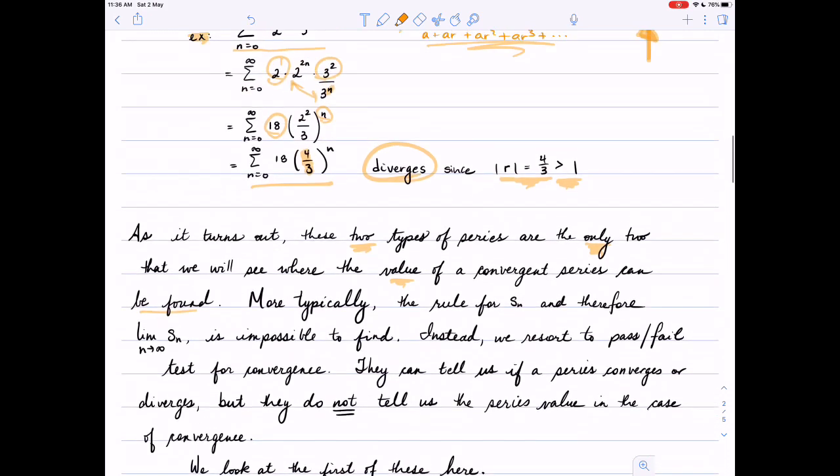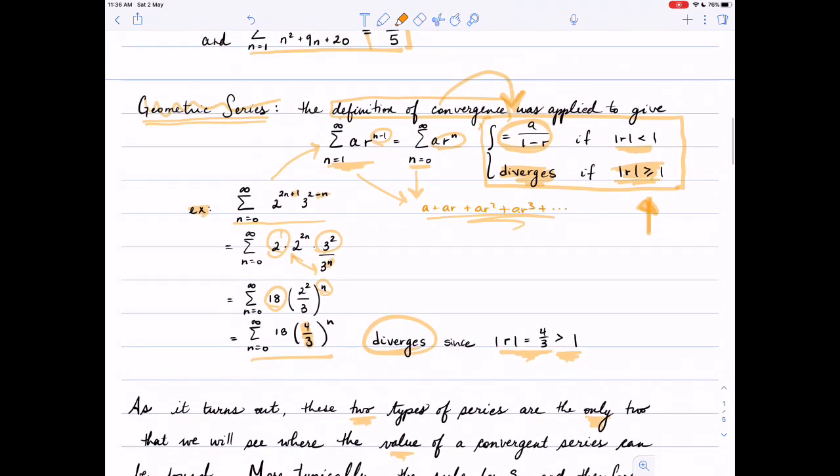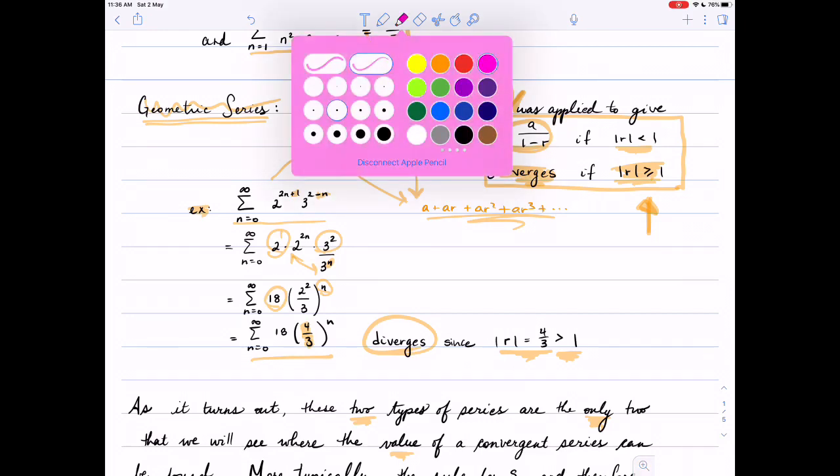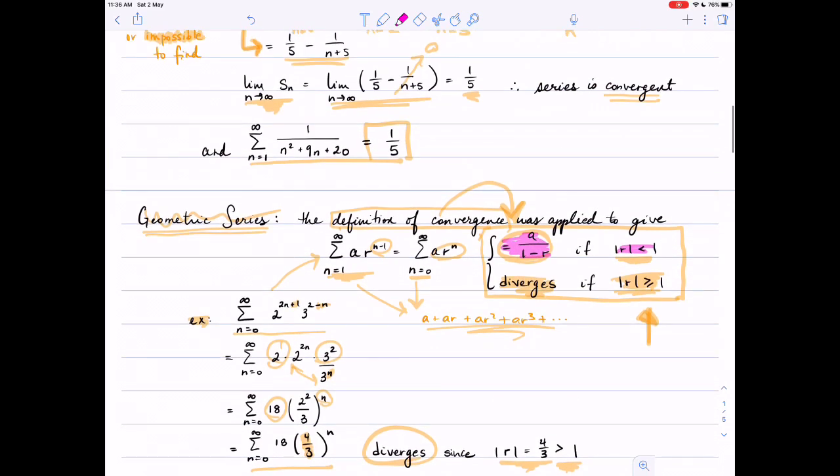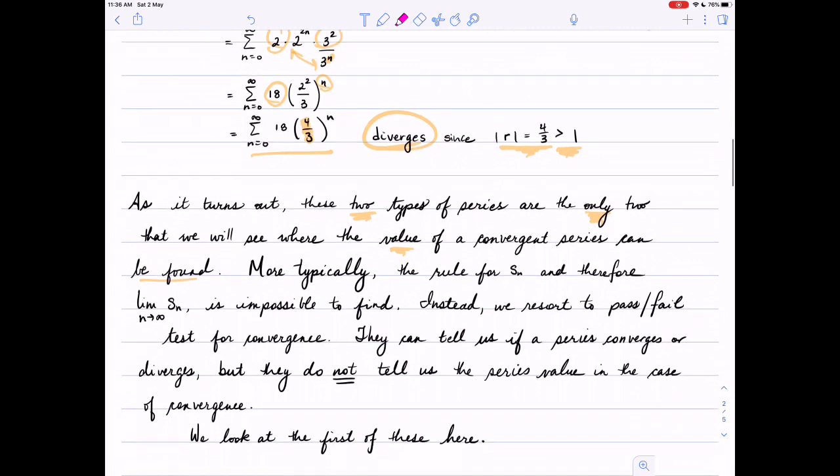In both of these cases, we had possibilities here to actually give the value. Right? This series was equal to a over 1 minus r in the convergent case. And in our example back here, we said that series was equal to 1/5. And so not only did we know that they converged, we knew the value to which they converged.